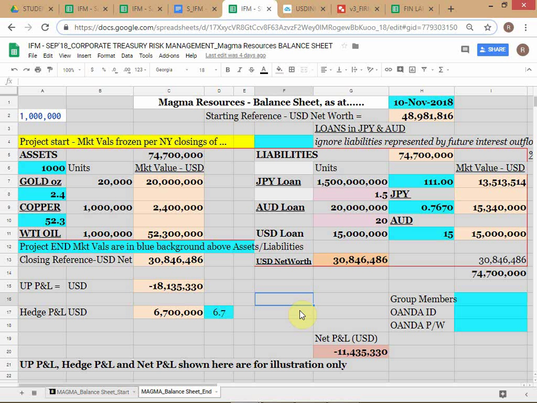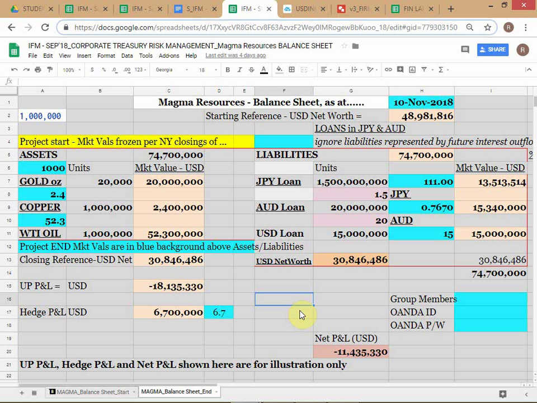Now you see that there is this cell, C15. You will see a loss of 18.1. Let's say 18. What is that? How did I get the 18?